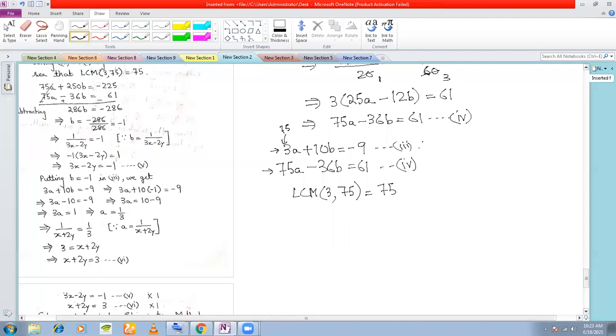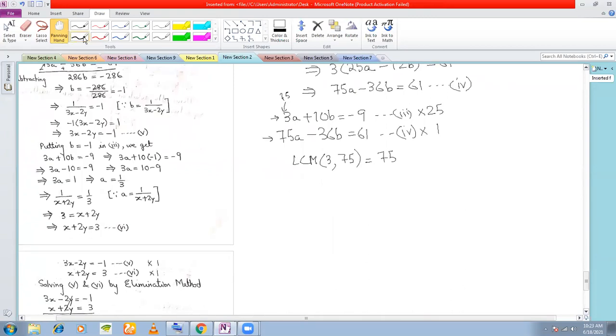I should multiply it by 25, since 25 into 3 is 75, and I multiply the other equation by 1. So multiplying the first equation by 25, you get 75a plus 250b is equal to 25 into -9, which is -225. The second equation is multiplied by 1, so it remains unchanged.